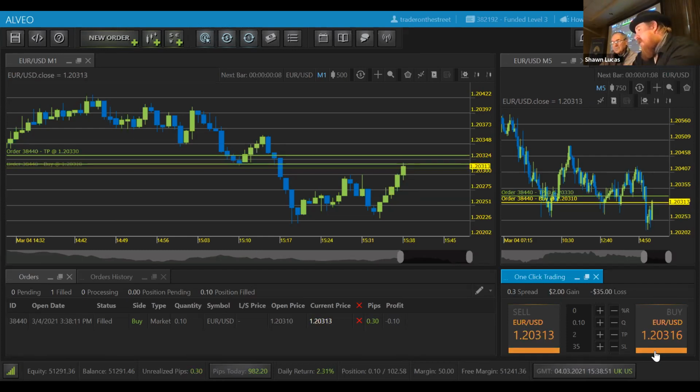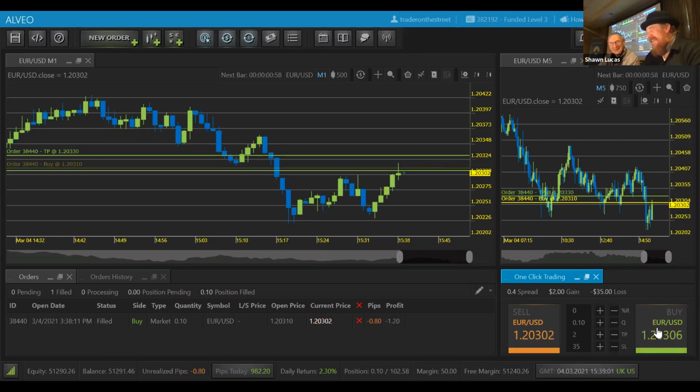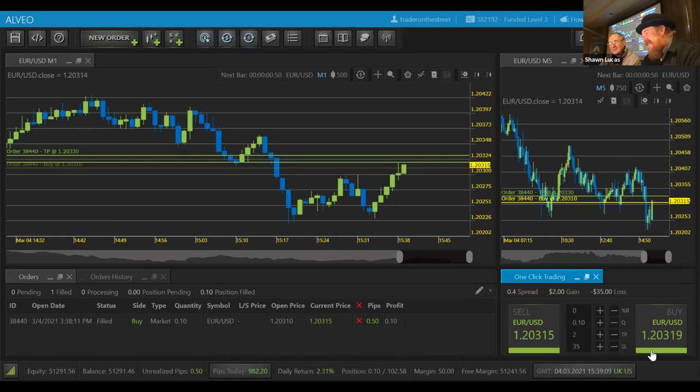But this one might work out. It may bring some good breakout mojo. I thought I'd take that chance. Let's see. Still trying to run up, so that's good.